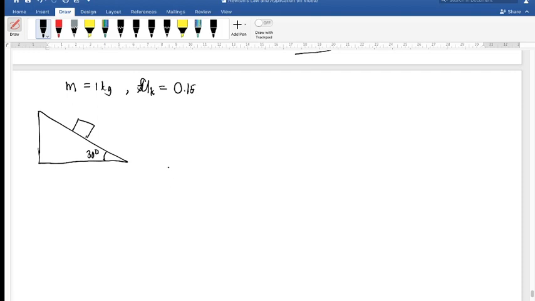Okay, and then the acceleration is pointing here, pointing downward.